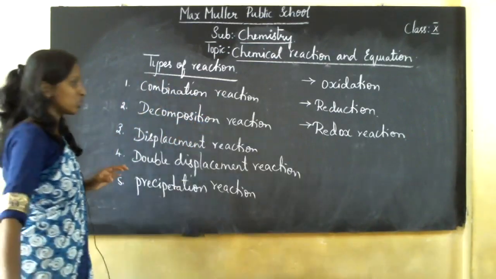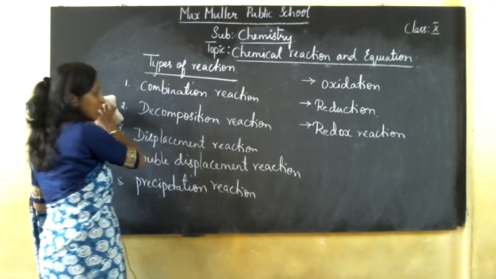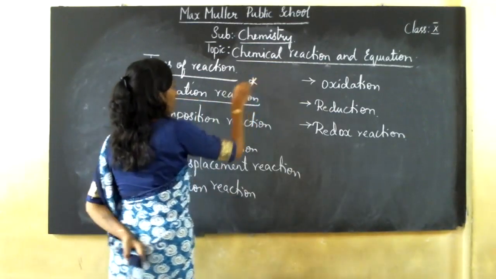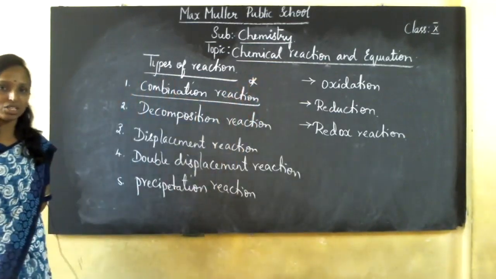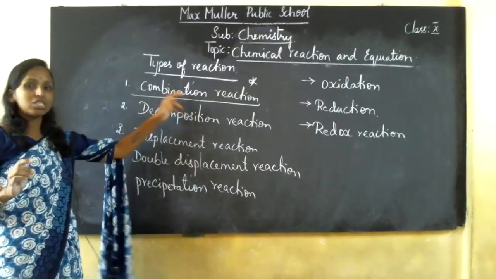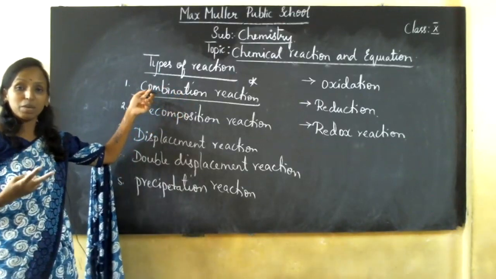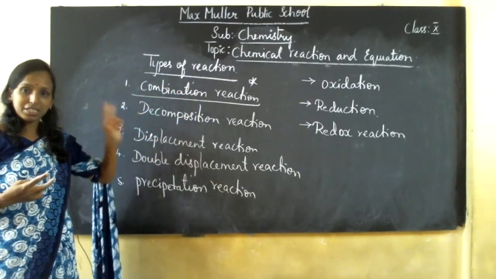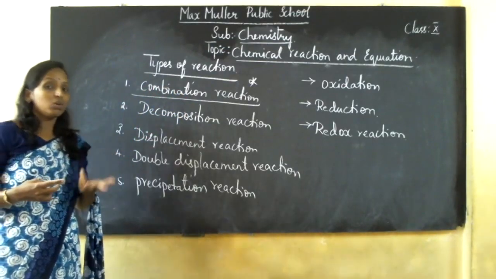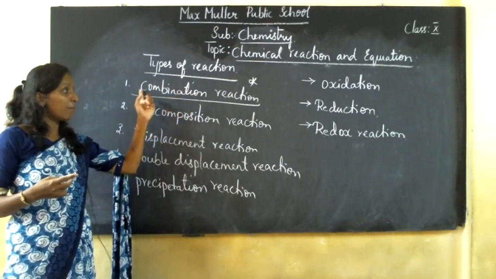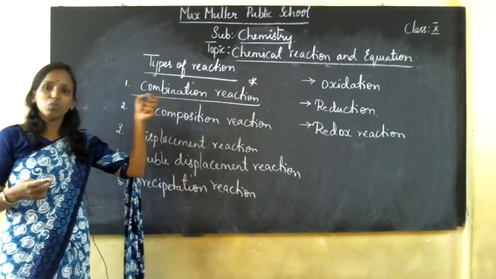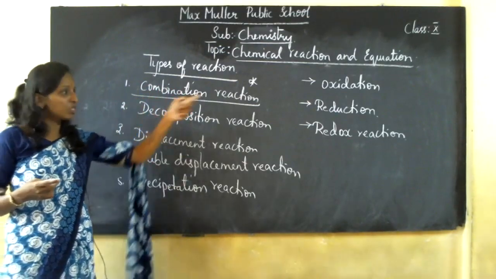The first one we are going to discuss right now is the combination reaction. The name itself tells you: combination is combine. What is going to combine? When two or more reactants combine to give a single product.